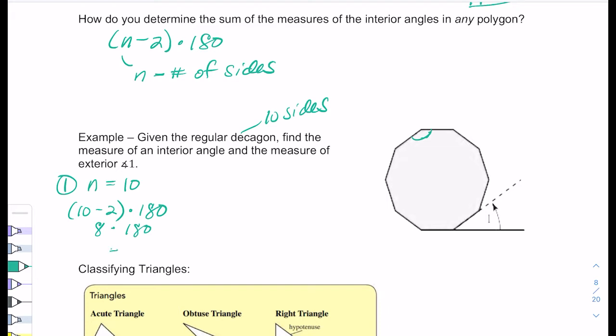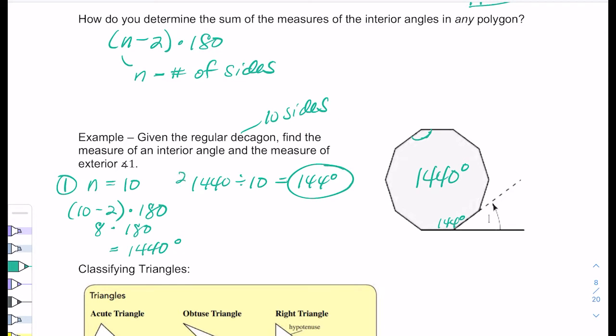And 8 times 180 is 1,440. So that's how many degrees are inside this entire decagon. I need to know how many degrees just one of those angles is. So all I have to do now is divide by 10 because there's 10 equal angles. And when you do that, you get 144. So every one of these angles is 144 degrees.